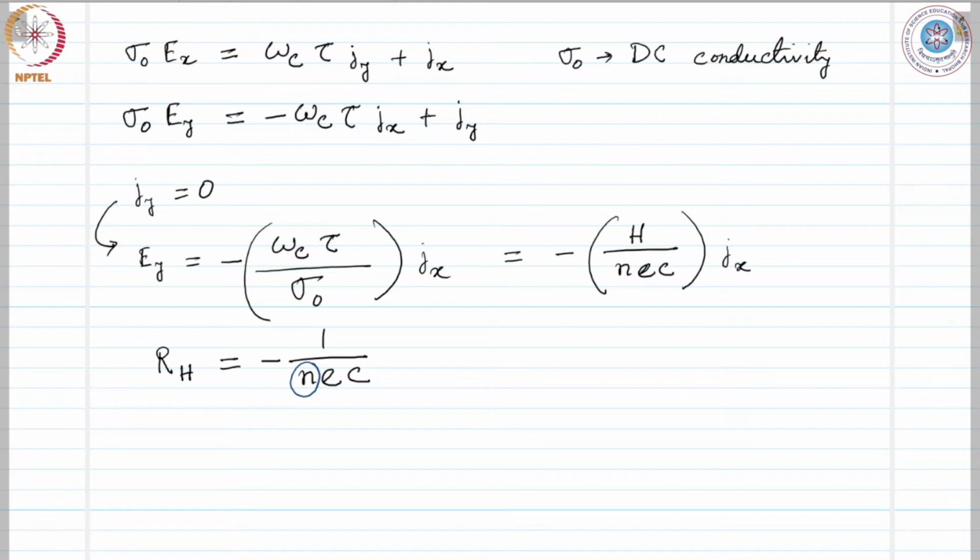After having this insight into the Hall coefficient, let's move on to the AC electrical conductivity of a metal.